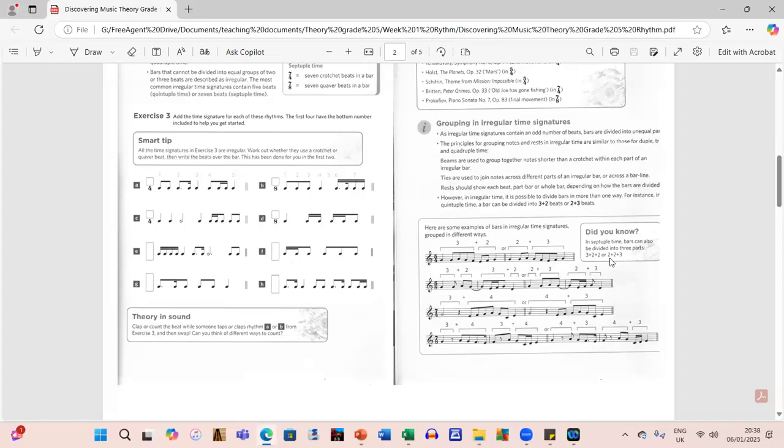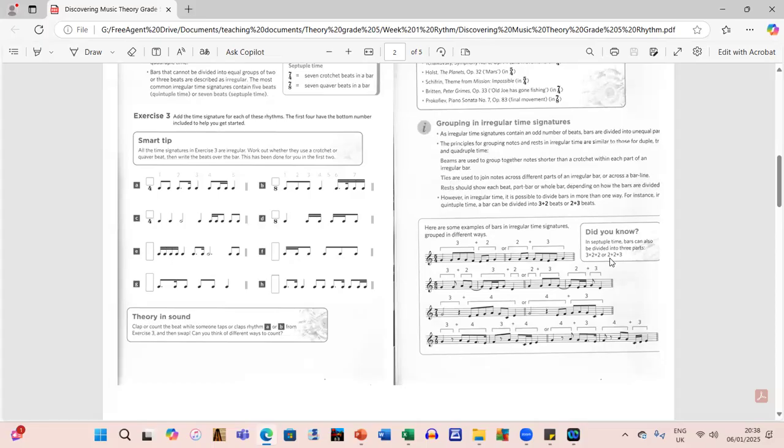It can change within the piece. It doesn't always have to be consistently that way. Maybe the phrase is different. And then if you're doing 7, it can be grouped in 3 and 4, or 4 and 3.